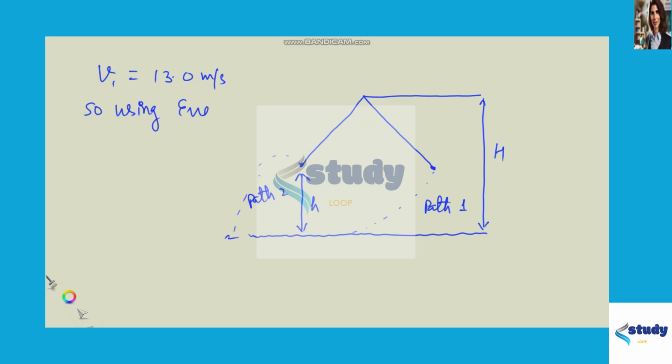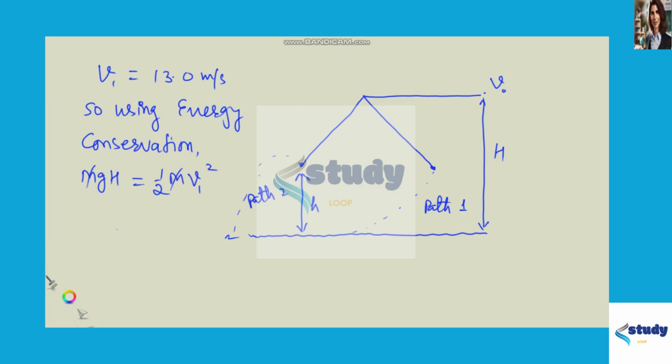Using energy conservation here, as he starts from rest at the top of the cliff, it will be gravitational potential energy only, if m is the mass of the person, and at the water level it will convert into kinetic energy, half mv1 square.